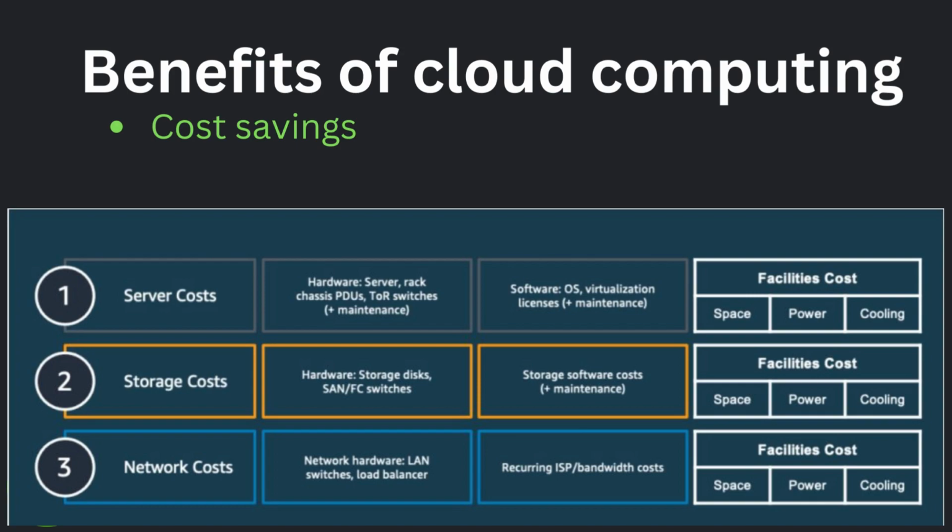When you start using these tools, it gives you a visualization and approximate cost that you are going to save when you migrate from on-premises to the cloud. You will be able to see how much you are going to save.